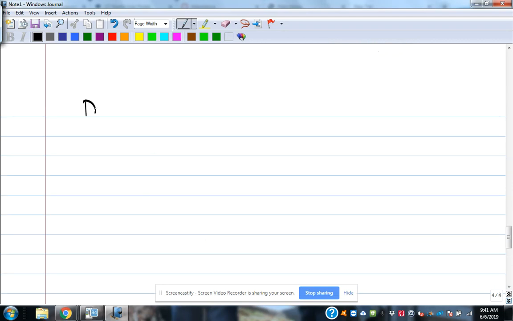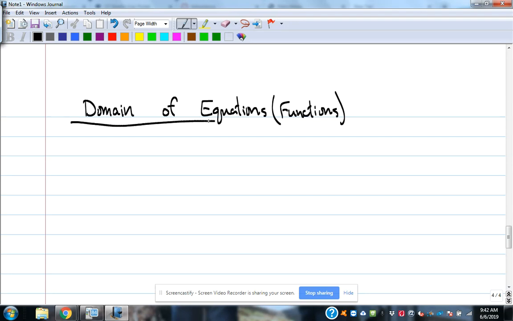So the domain of equations, and in this case we're dealing with functions. When you're dealing with domain and you've got equations, there are only two things that you really have to look for, and I call them two red flags.